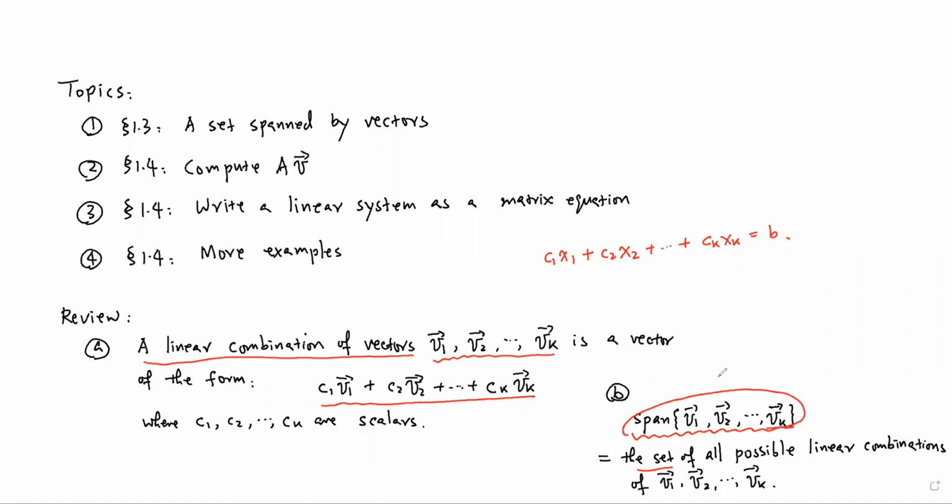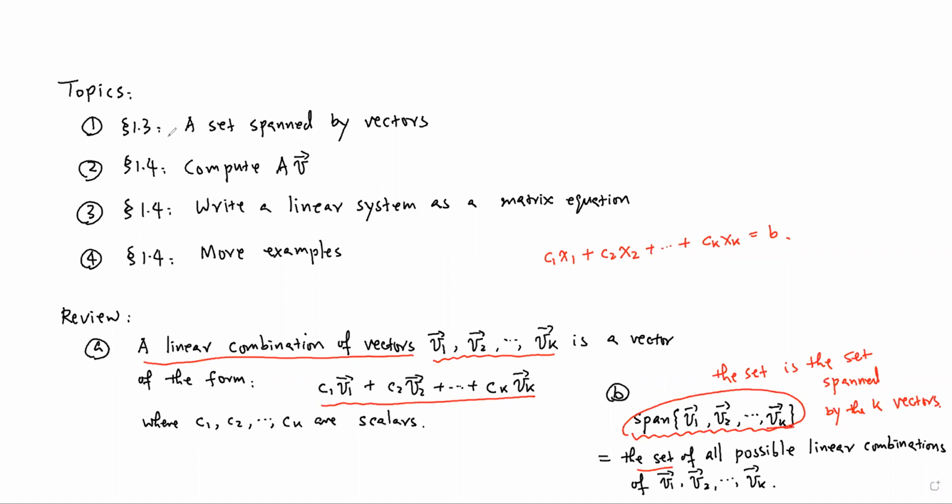I call this set the set spanned by these k vectors. These are the key points from the last class.